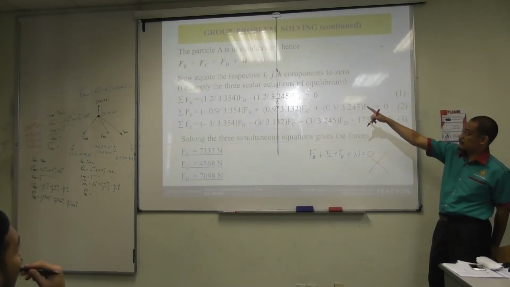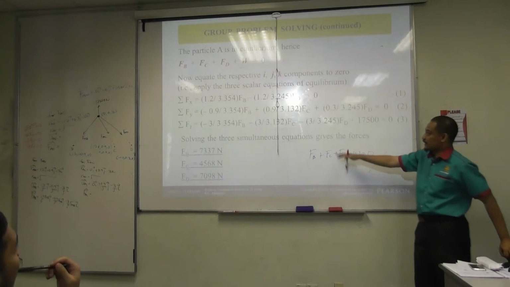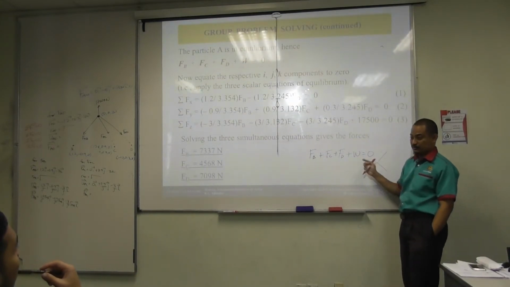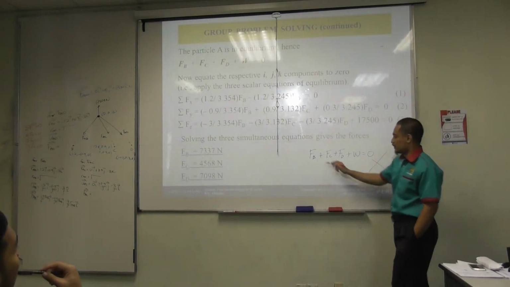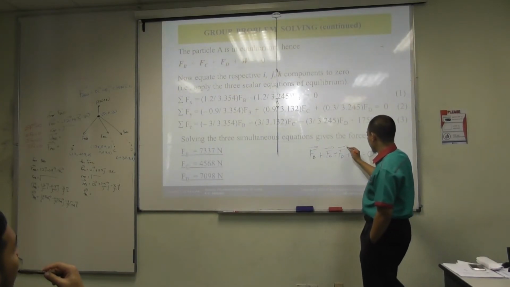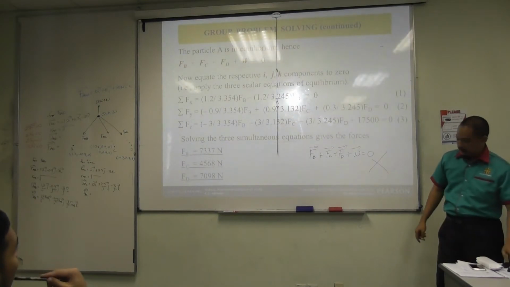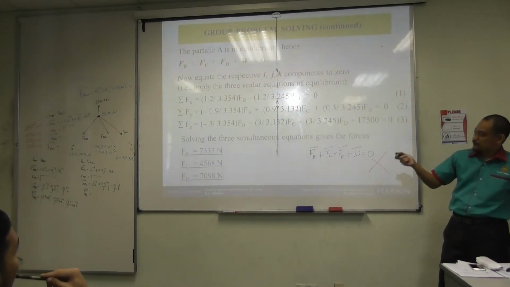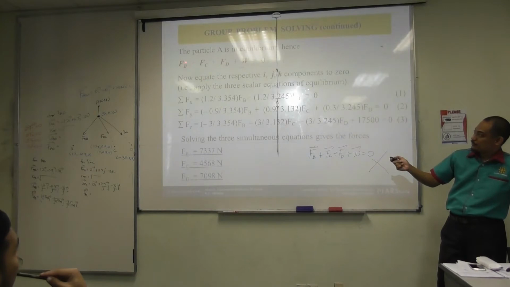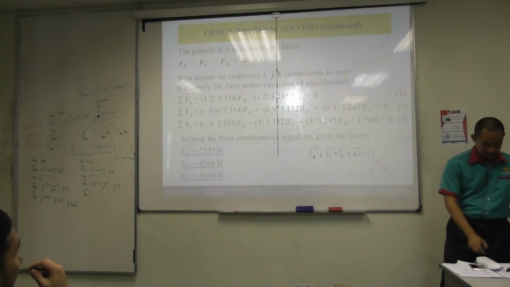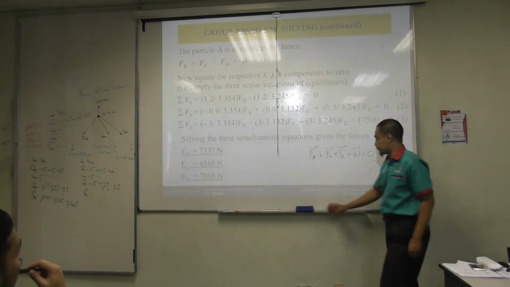What's the difference between this and that? This is scalar, that's vector, right? A scalar will have a value, will never be 0, right? It will only be true when it is in vector form, right? So again, make sure, because in the slide or in the solution, maybe it's bold and italic, so you might not notice that it should be written this way, right? So make sure you understand that also.